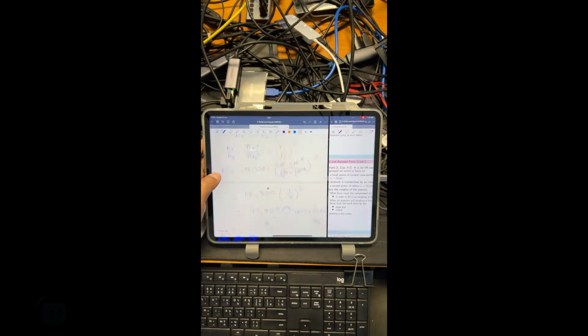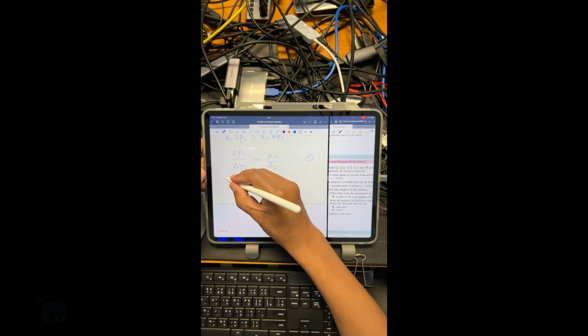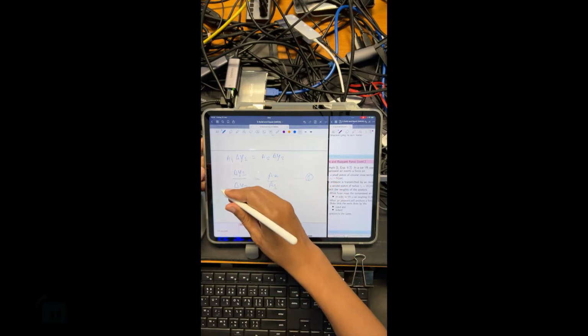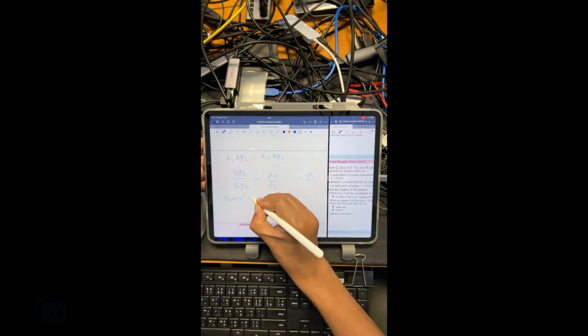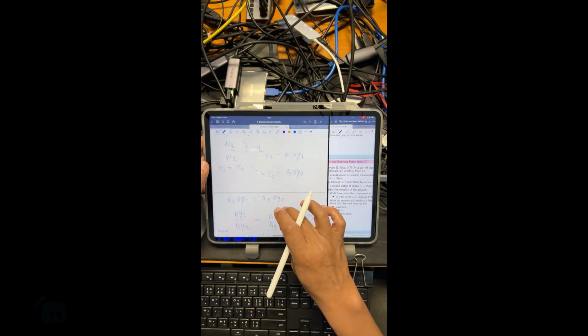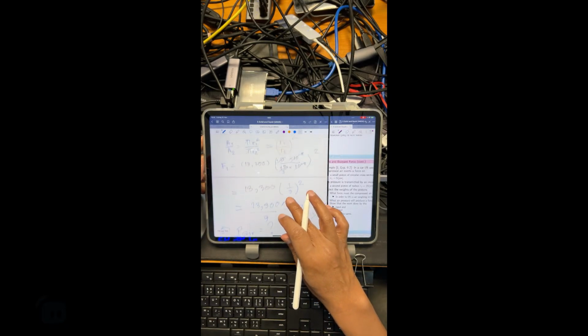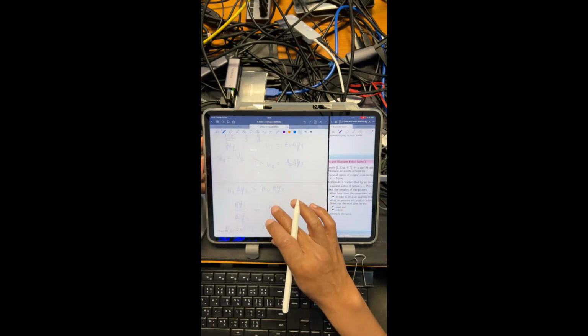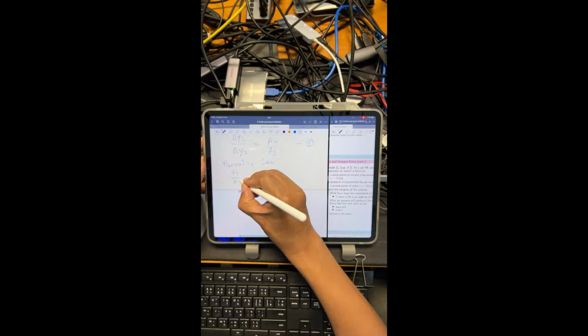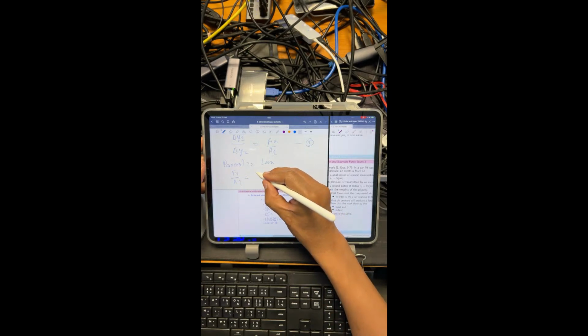All right, so we have here Pascal's law, right? F1 by A1 equals F2 by A2, right?